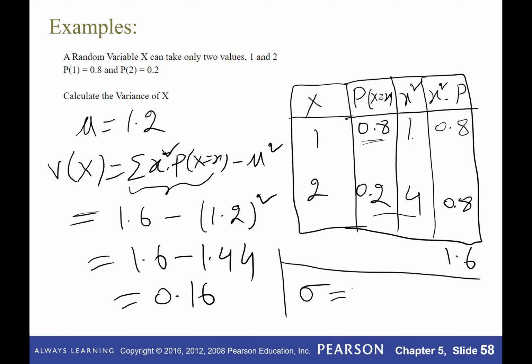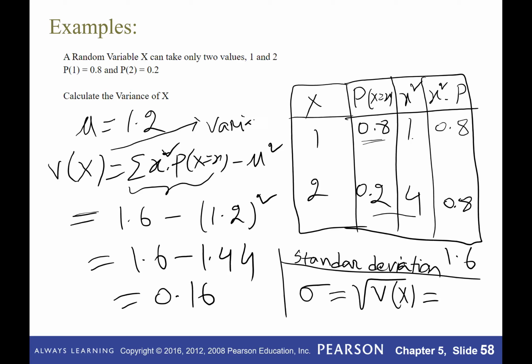Standard deviation sigma is the square root of the variance of x. So the standard deviation is the square root of 0.16, which is 0.4. So this is the standard deviation.